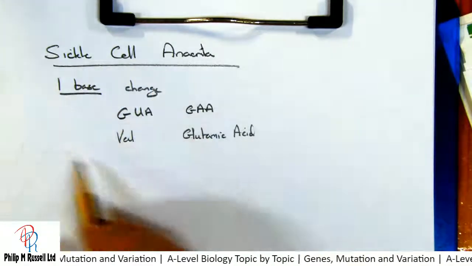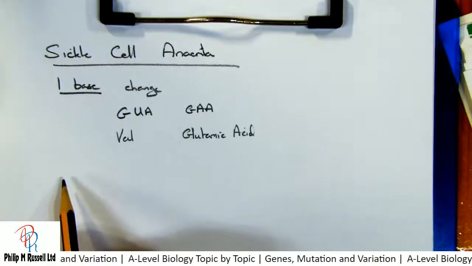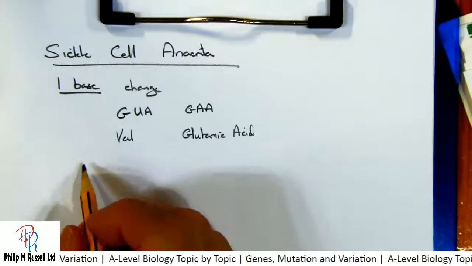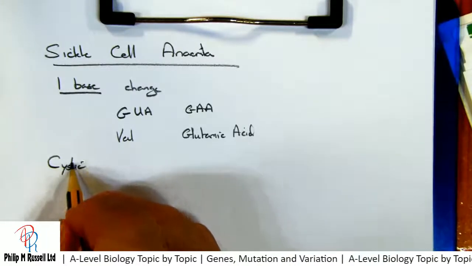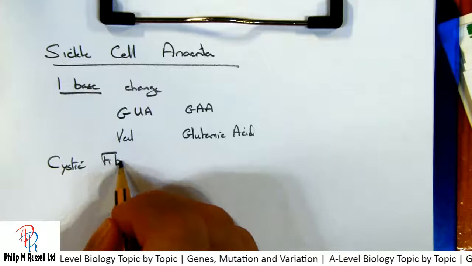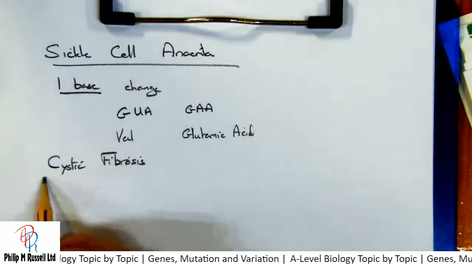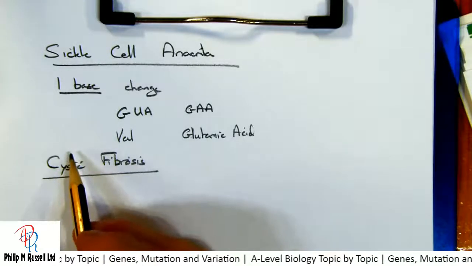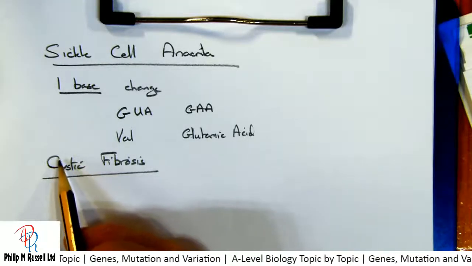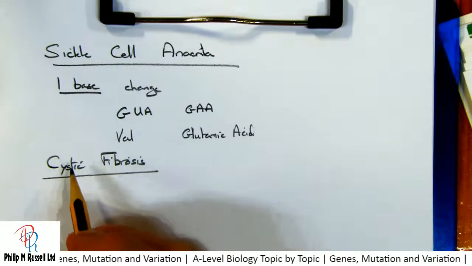Do we see these things occur in lots of other diseases? We certainly do, and one of the most popular ones that's studied is cystic fibrosis. And that is also due to a change in normally one particular base pair.